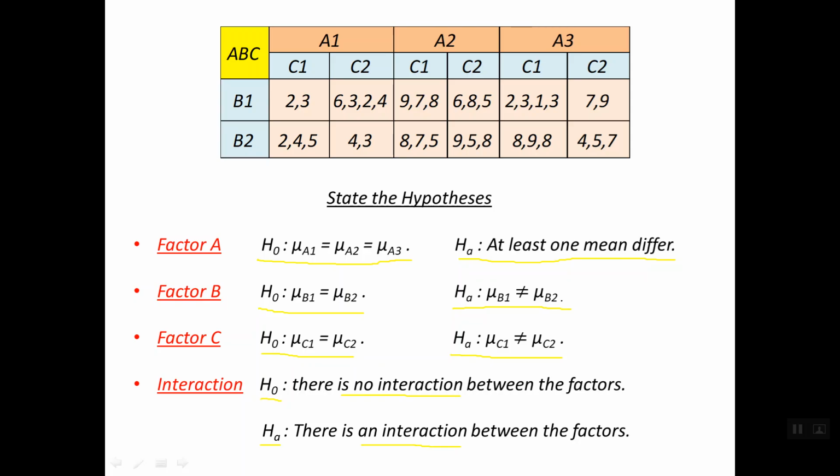For the 3 main factors A, B, and C, we have 4 interactions. The first one is AB, the second is AC, the third is BC, and the fourth one is the combination of the 3 factors, which is ABC. So we have 7 sets of hypotheses. We need to test all of these hypotheses.